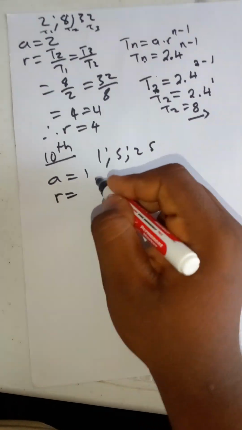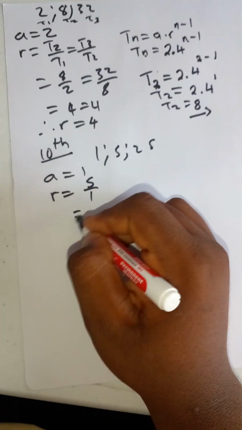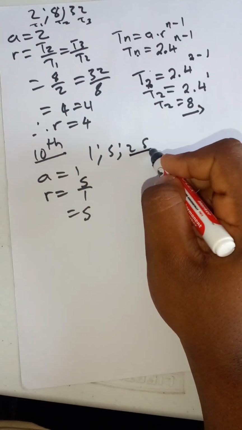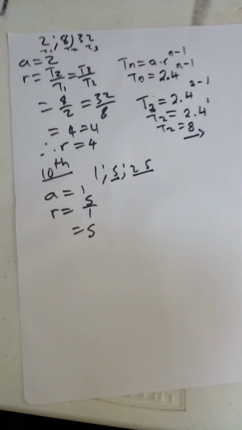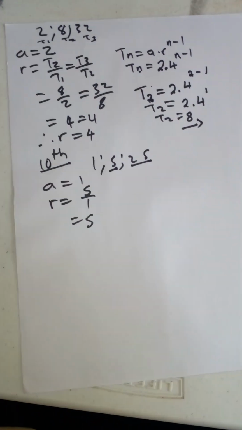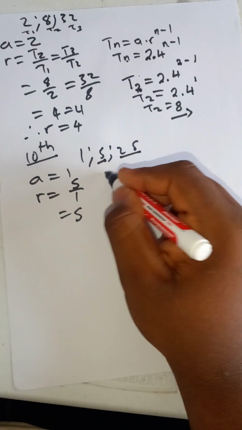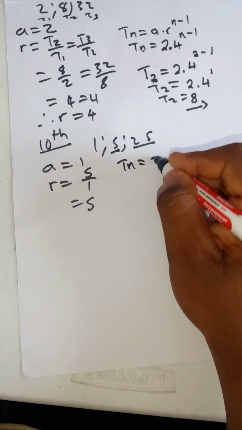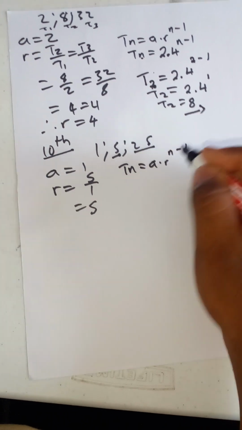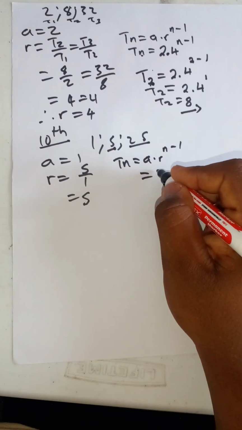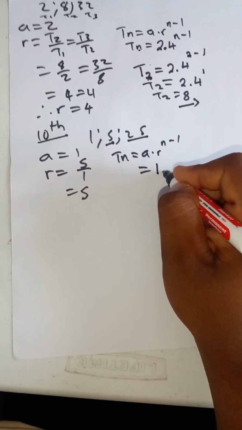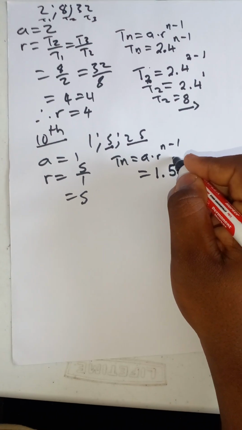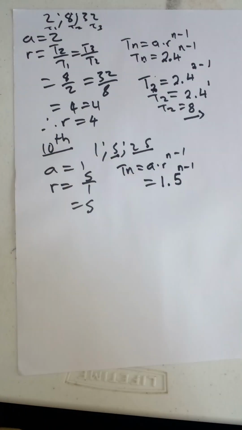The ratio is going to be equal to 5 over 1, which is equal to 5. Even if we say 25 divided by 5, it is going to be 5. So now Tn is equal to a times r to the power of n minus 1, which is simply 1 times 5 to the power of n minus 1. That is my Tn.